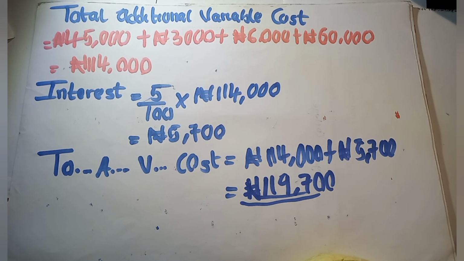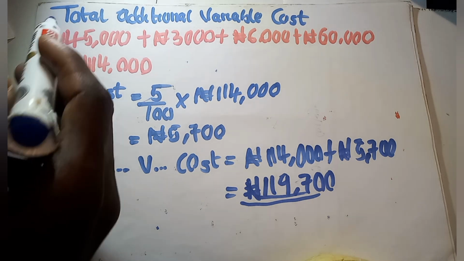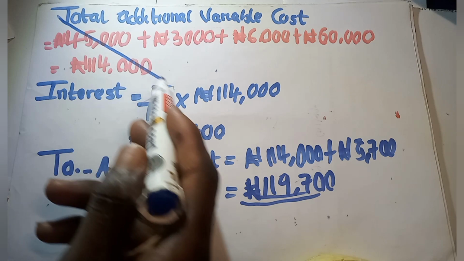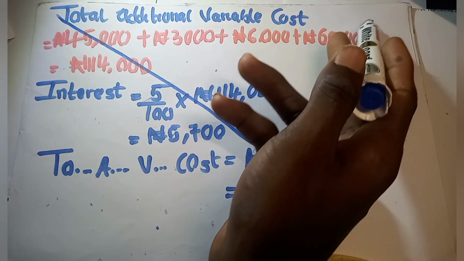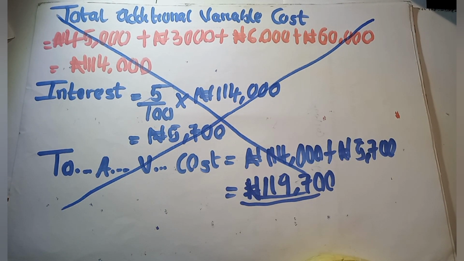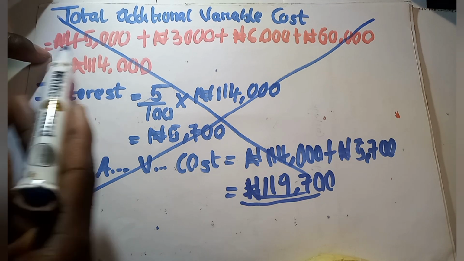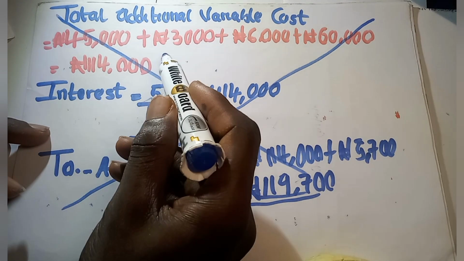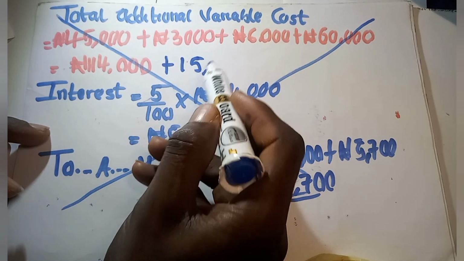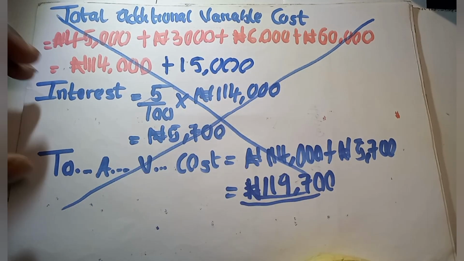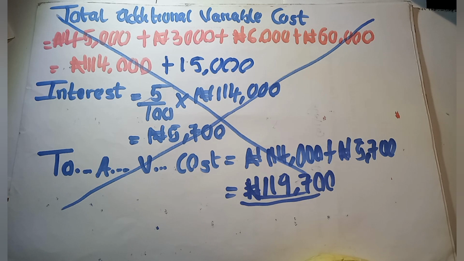Let's go back to the variable costs. All this is wrong. I'm going to add 114,000 naira plus 15,000 naira, then estimate the interest rate and add it to the total. That's where I made the mistake.